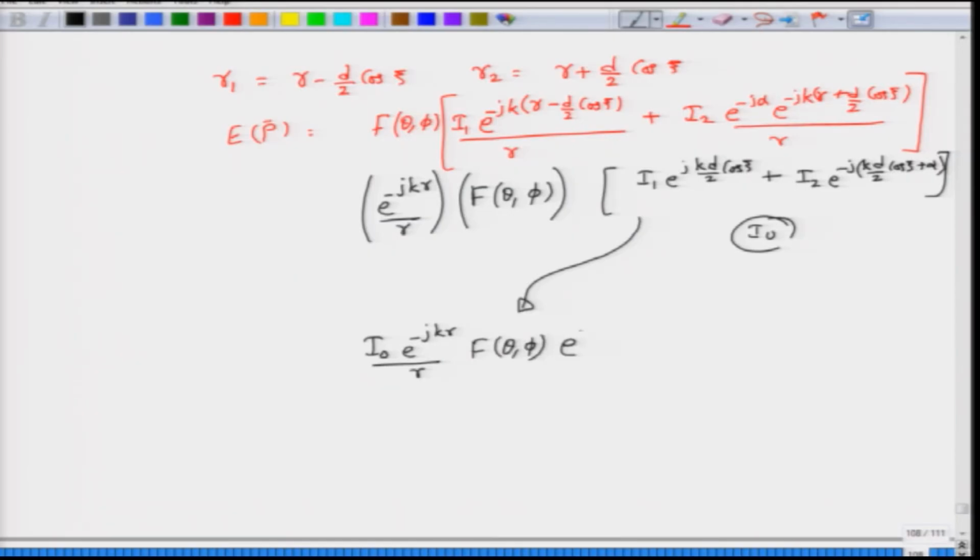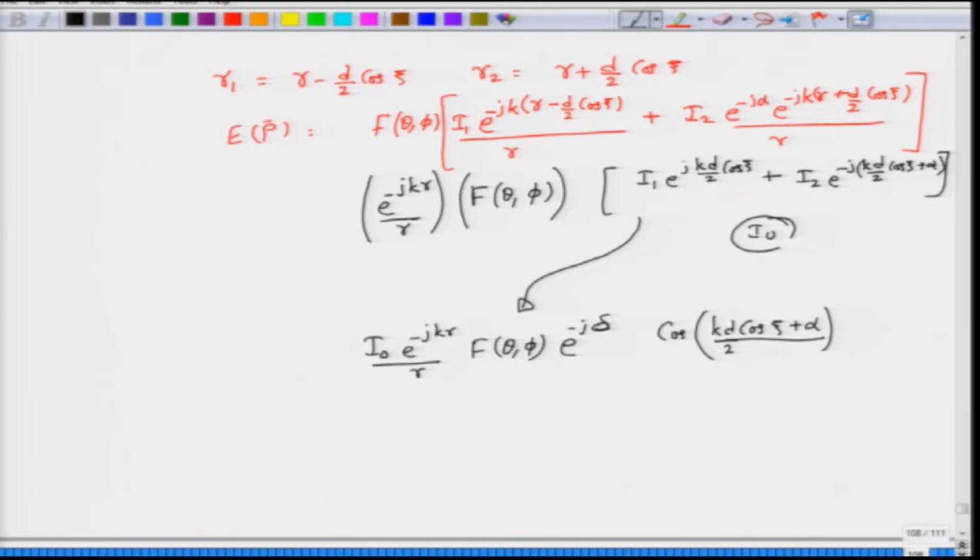There will be some additional phase that is going to come up here, which we will call some delta. You can neglect that additional phase because it is an overall global phase, and what you get here will be cos of k d cos zeta plus alpha, whole thing divided by 2, okay, because you would have taken e power minus j alpha by 2 outside, and this is what you are going to get.